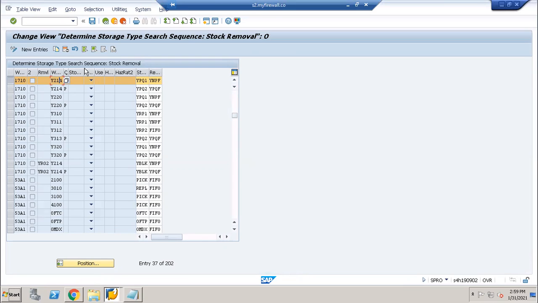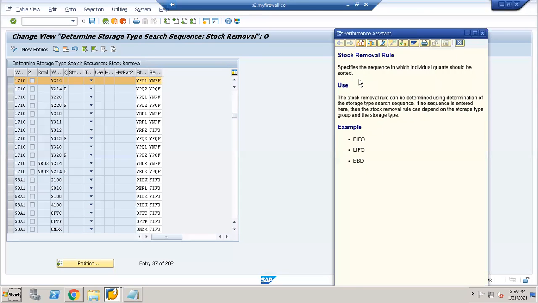Here it is applicable for the picking operation, and here the storage types are in sequence. This search sequence we have defined previously, and the removal operation is taking care of the rule, FIFO rule or LIFO rule. We have seen the rules. So the ultimate assignment in a matrix table is in combination and permutation. Let us see.